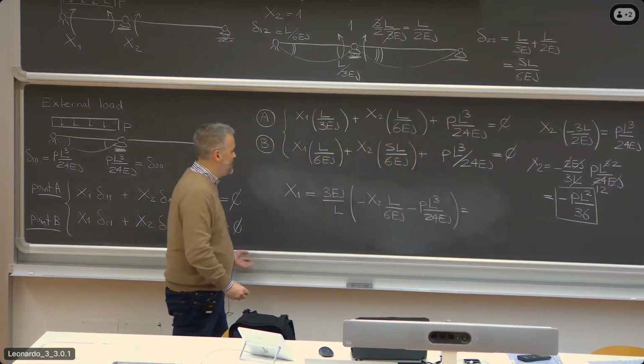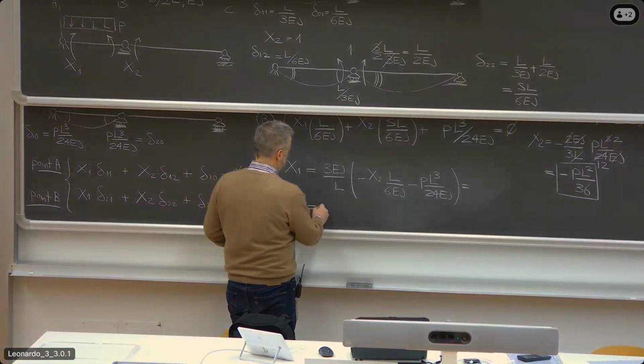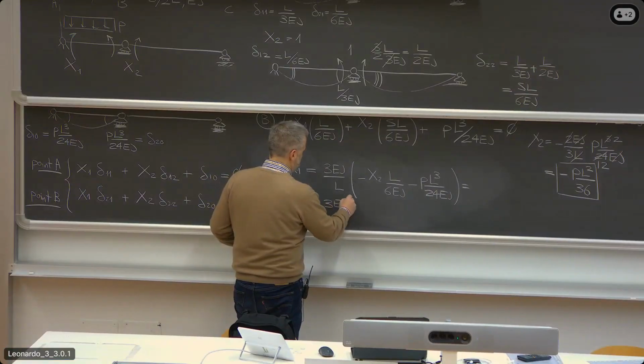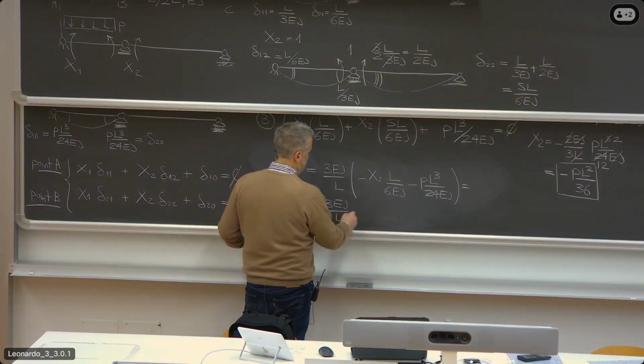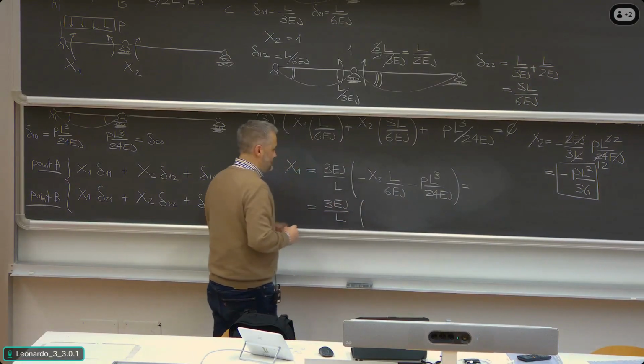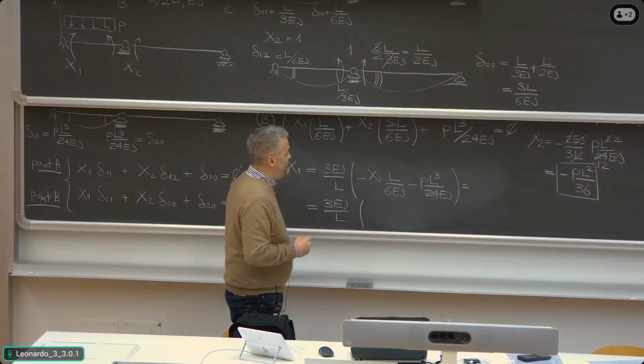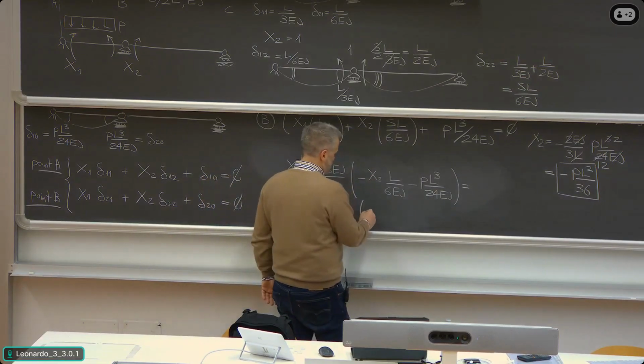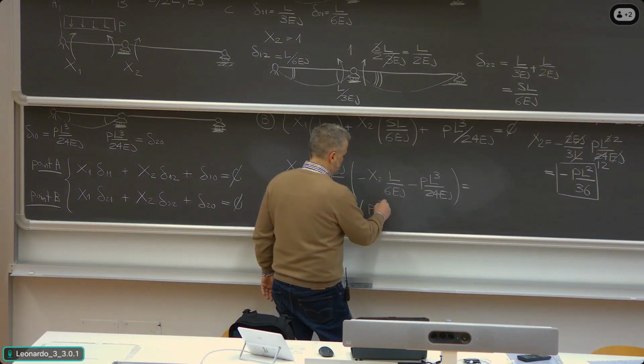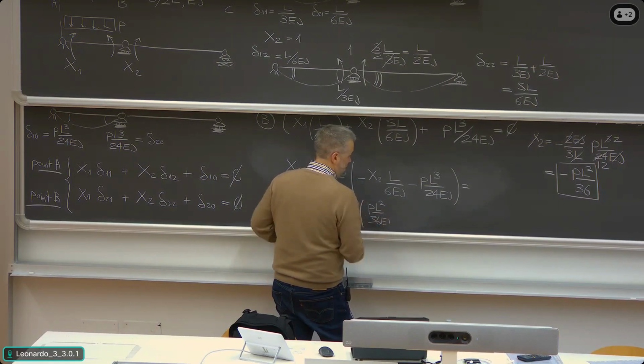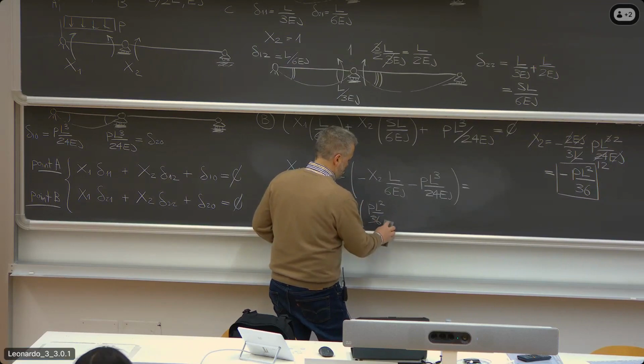Okay? We do the math. 3EJ divided by L. Here you have PL squared divided by 36. Not EJ, sorry.